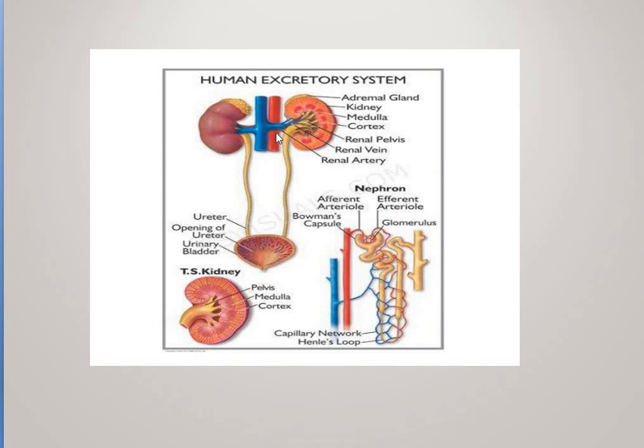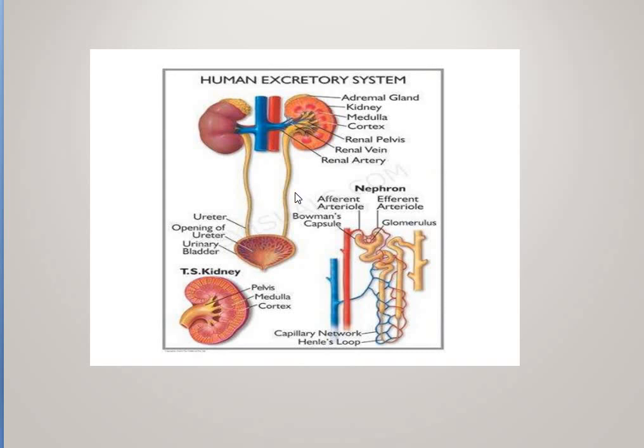On the inner concave side, as you can see, there is a notch called the hilum, and blood vessels and nerves all enter through this hilum. Blood vessels and nerves enter through it, and water actually leaves through this hilum itself. Now you can see a pair of ureters.